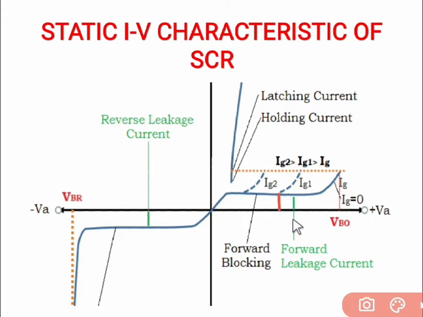So if we apply gate signals, the SCR will turn on at a lower voltage compared to without gate signals. If we increase the gate current from Ig1 to Ig2, it will turn on at this voltage, which is less than this voltage. So if we increase the gate current, the breakdown voltage of anode to cathode will decrease.